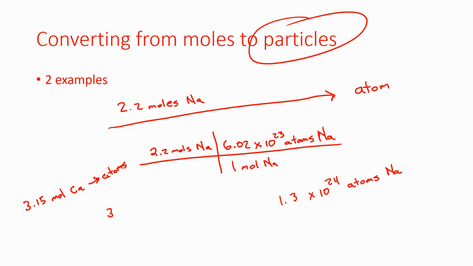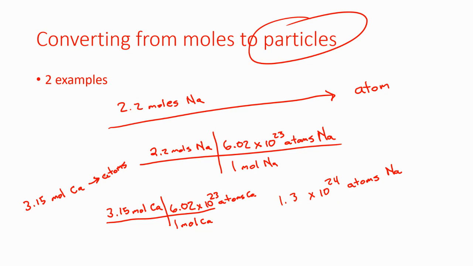Okay, welcome back. Hopefully your answer is going to line up with mine. I have 3.15 moles of calcium, and I'm going to convert that to atoms in the same way that we did before. 1 mole of calcium is 6.02 times 10 to the 23rd atoms of calcium.